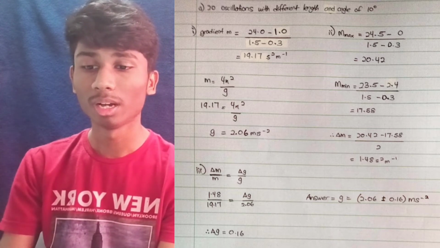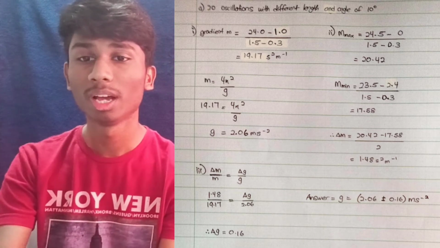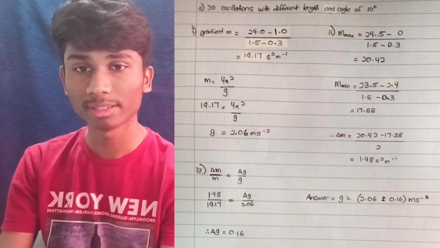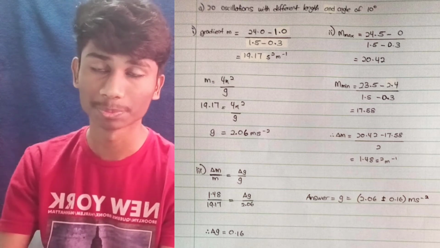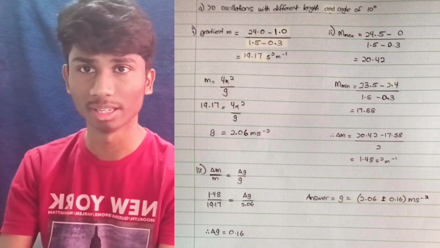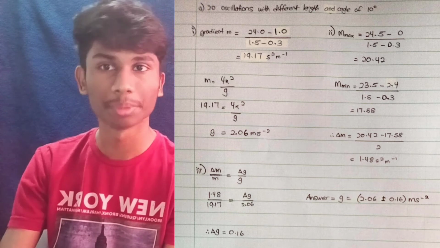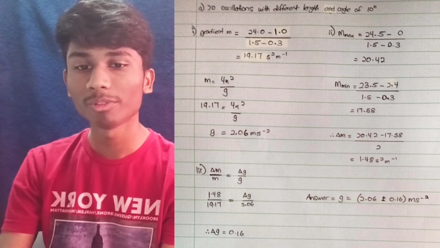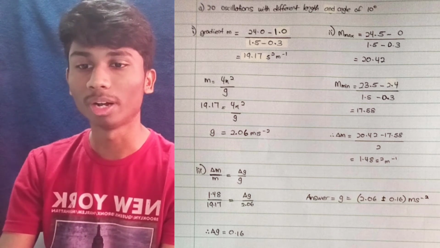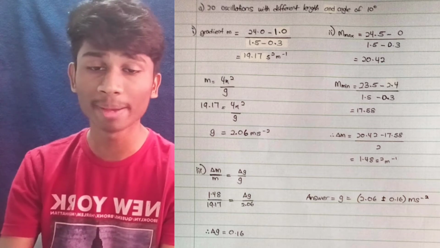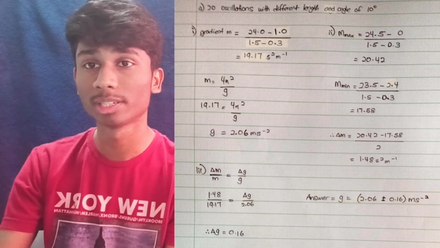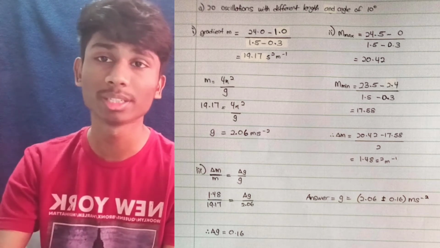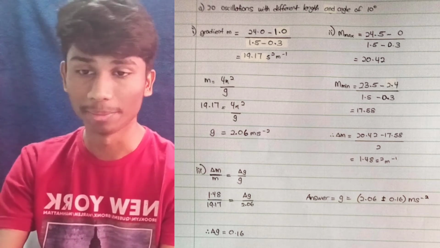Then, from that value of g, we are going to find the maximum gradient and the minimum gradient of the graph. After getting these values, we use the formula for uncertainty: uncertainty of m divided by gradient equals uncertainty of g divided by g.